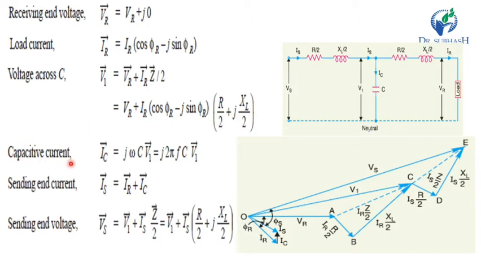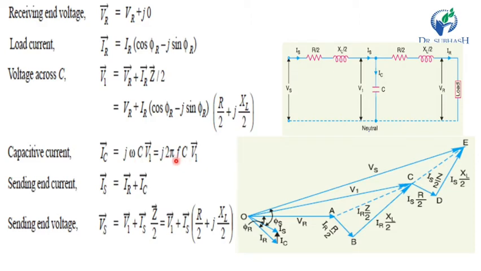Then the capacitive current IC. The voltage across the capacitance is IC into XC, where XC is 1 upon omega C. So voltage is equal to current by omega C, so current is equal to voltage into omega C. Taking this equation, IC is equal to omega C into V1, and omega is equal to 2 pi f.